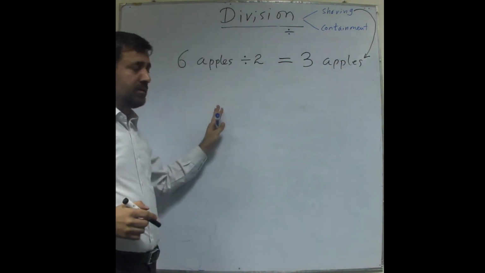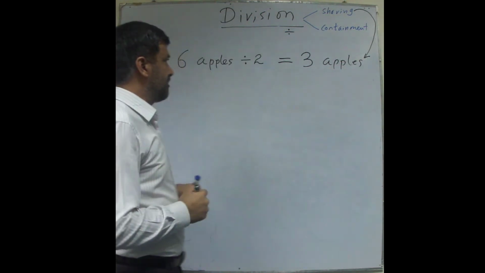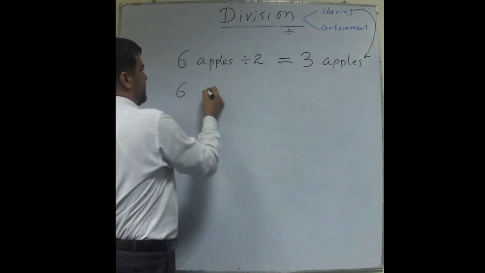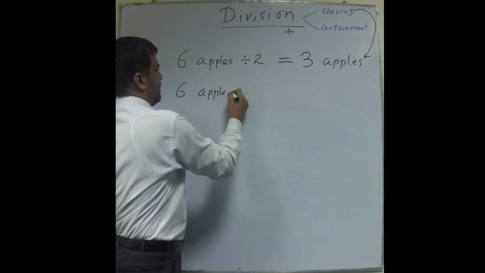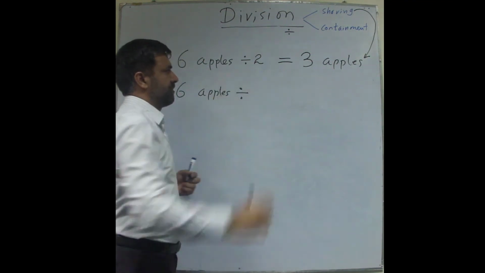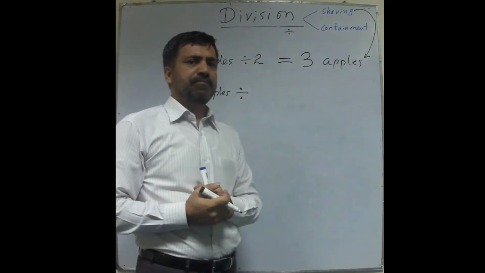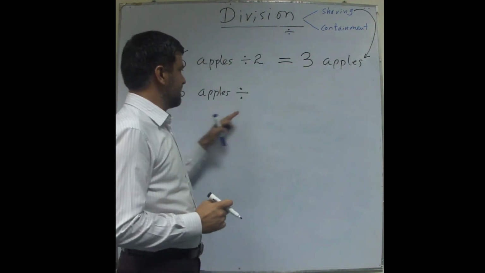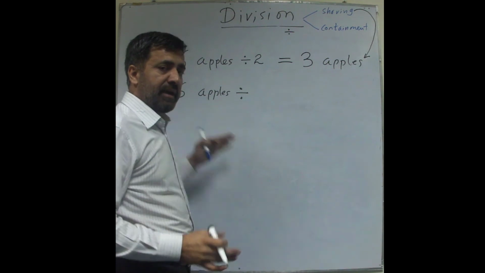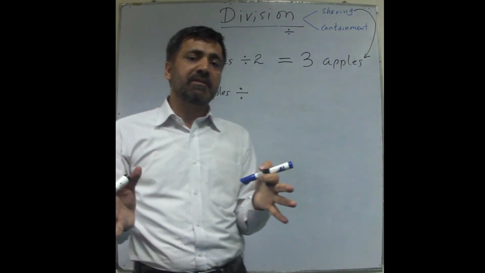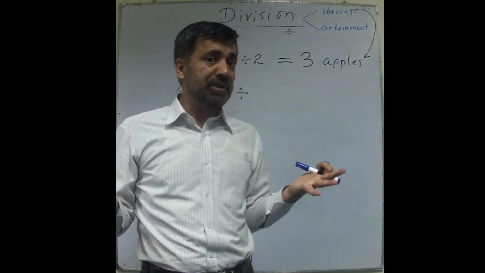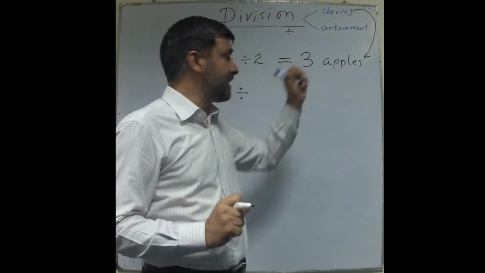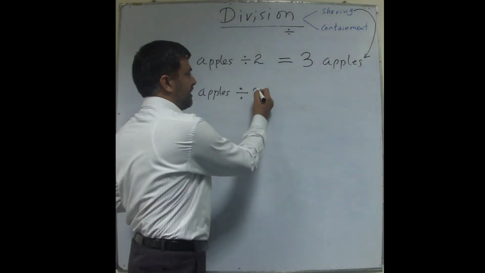Let me now give you an example, and by this symbol I mean division. This time I want to flip this. This is now containment. So now the question is, I have 6 apples and I want to have groups of apples, I don't know how many groups, but each group is to contain 3 apples.